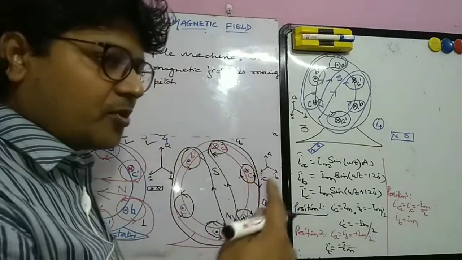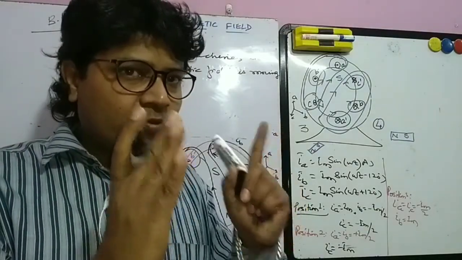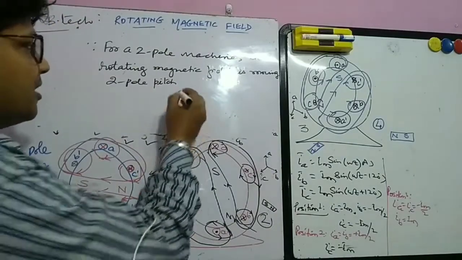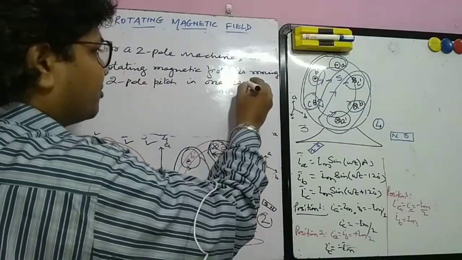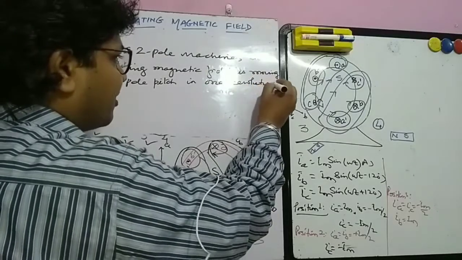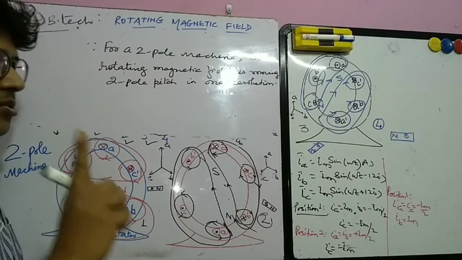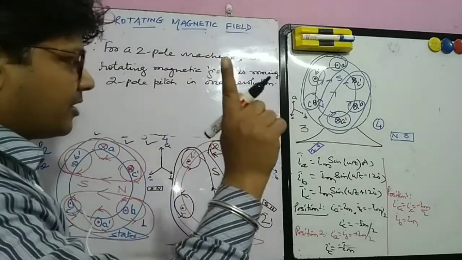One pole pitch is 180 degrees, two pole pitch means 360 degrees. So it moves two pole pitch in one revolution.